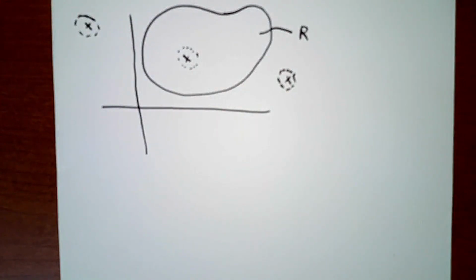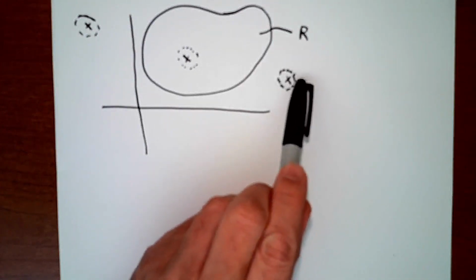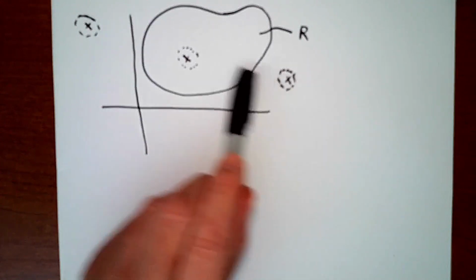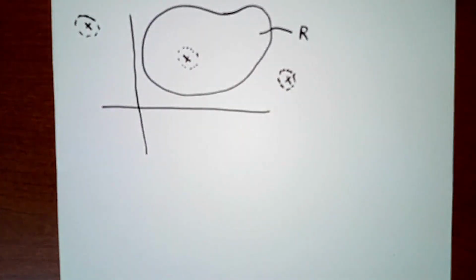There are also points so that if I make a sufficiently small disk centered at the point in question, say this one, this disk contains no points of region R. We'll call such things an exterior point.